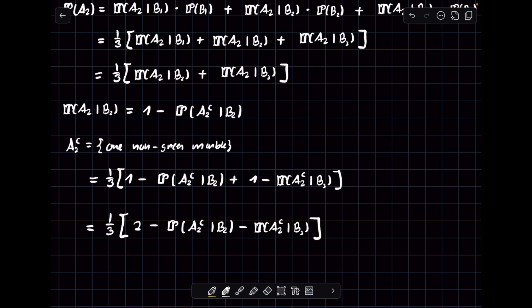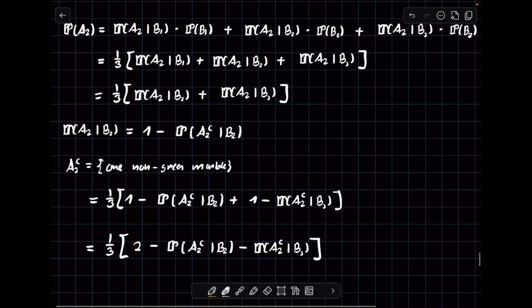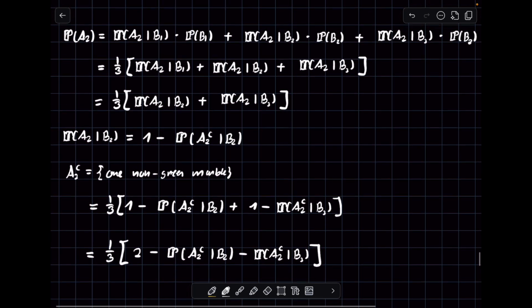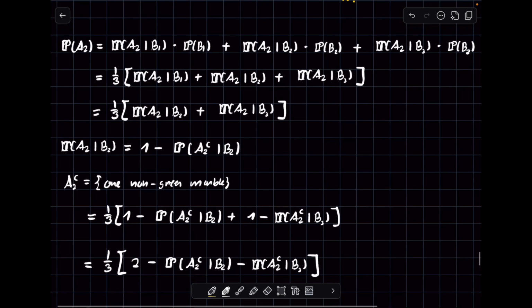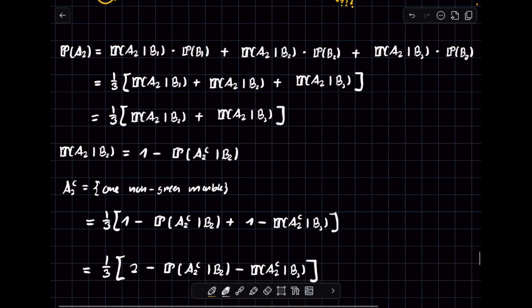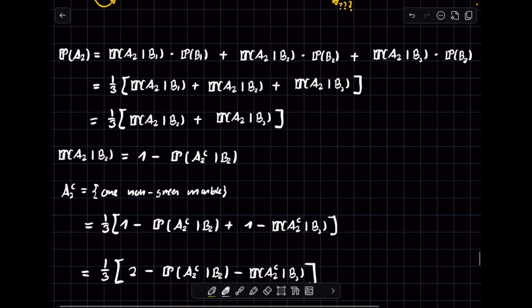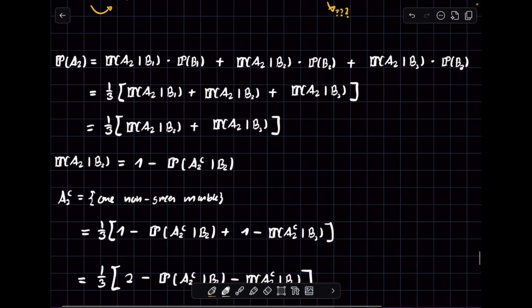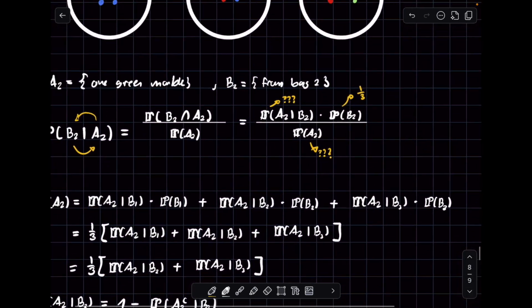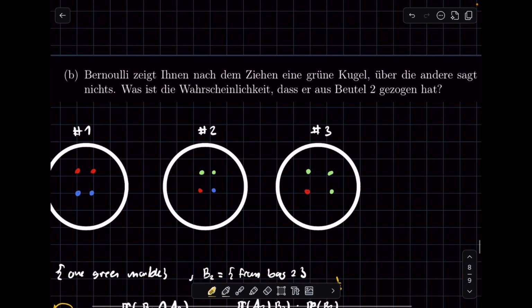So in this case, let's go first with a non-green marble. Let me just think. Yeah, let's go with the first one, I guess, with bag number 2. Given that we have bag number 2, what is the probability that we get a non-green marble, right?